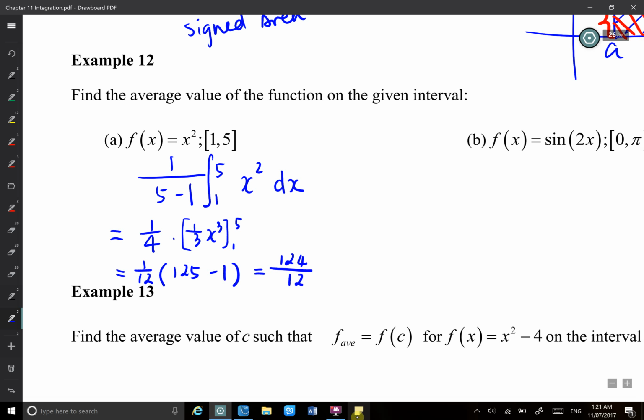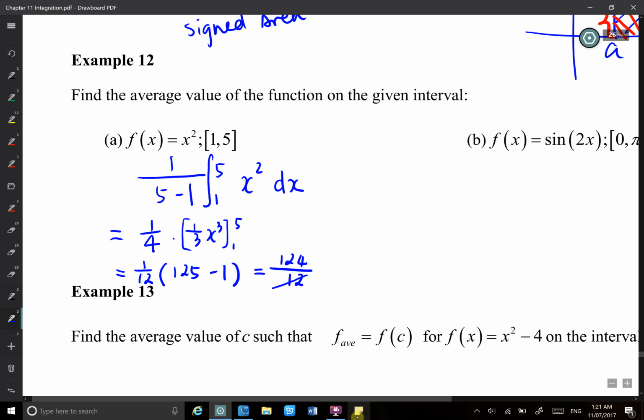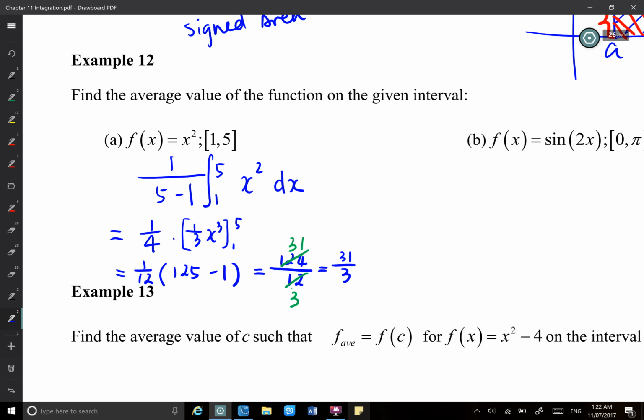I can divide this by 4, which gives me 31 over 3. So 31 over 3 is the average value for this graph from 1 to 5.